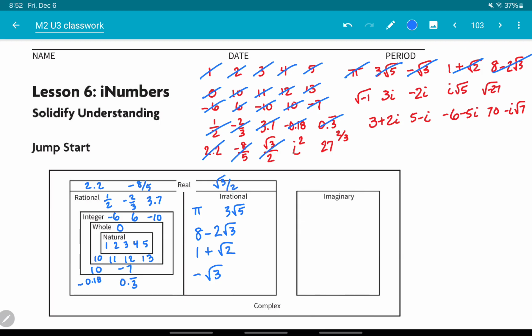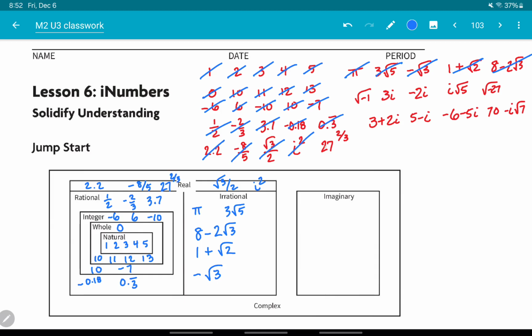They could even have something like i squared, because i squared is equal to -1, which would be a real number, because that would be one of the integers. So i squared, when it simplifies, is still a real number. And 27 to the 2/3, well, that's a power. We can put that right here, 27 to the 2/3.